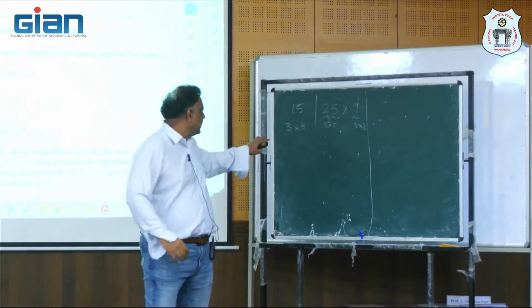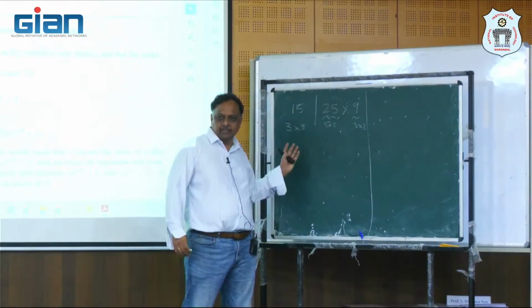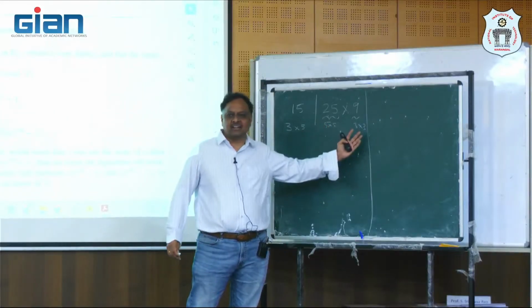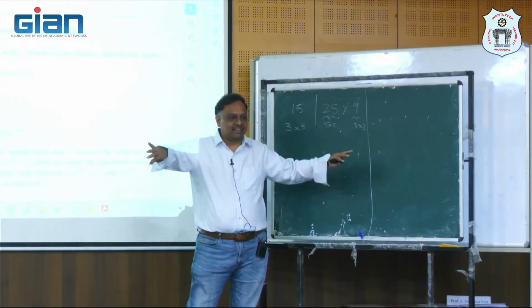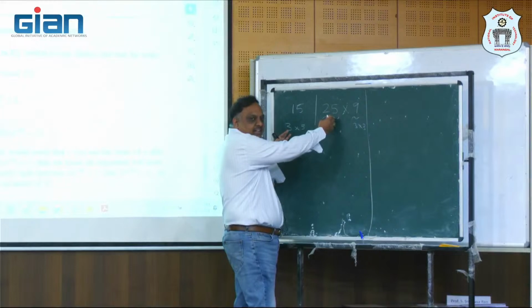That means 3 and 5 are present here. If you do the prime factorization here, they must be here. But they are not fully contained in this one, and not fully contained in that one. So they must split.